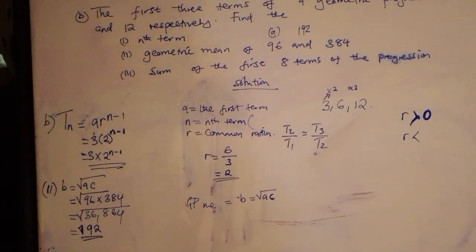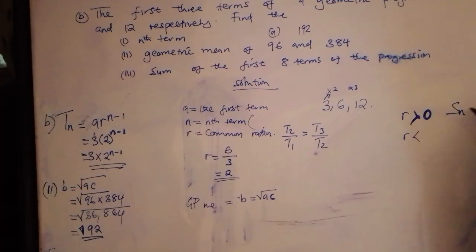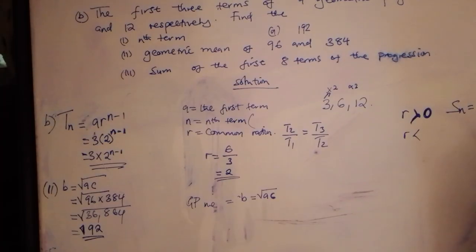The first formula, which is Sn equals a(r^n minus 1) divided by r minus 1. This is the formula which we use whenever the common ratio is greater than 0. But if the common ratio is less than 0, we use this formula.